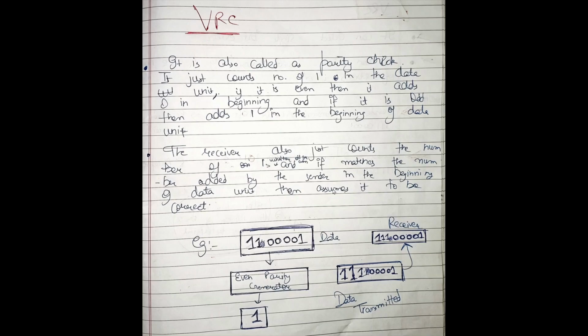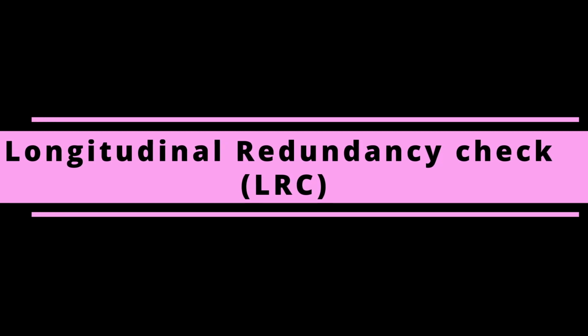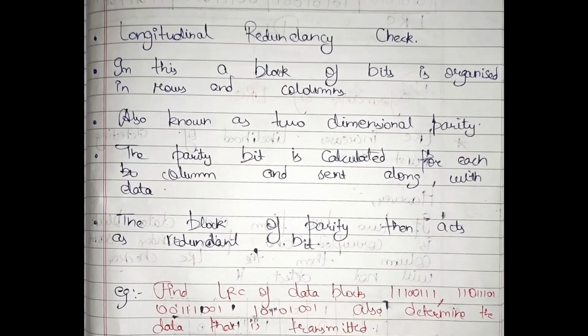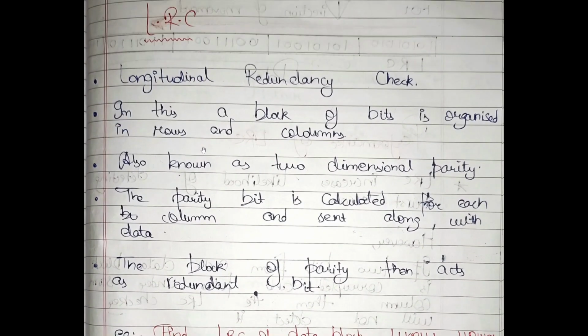Now moving on to the second one, that is longitudinal redundancy check, LRC. Now in this, a block of bits is organized in rows and columns, also known as two-dimensional parity.